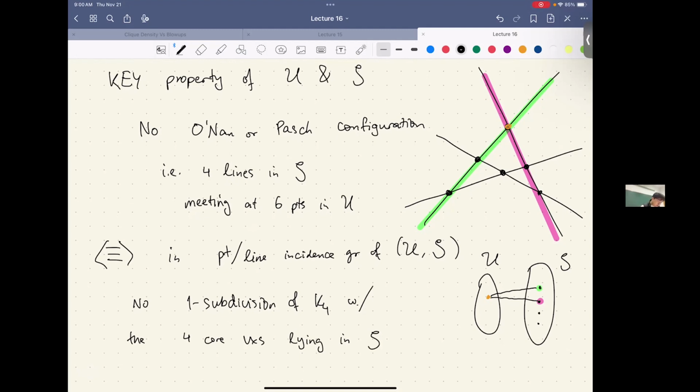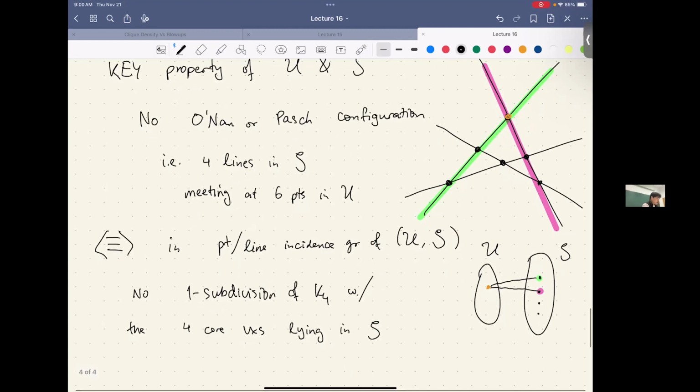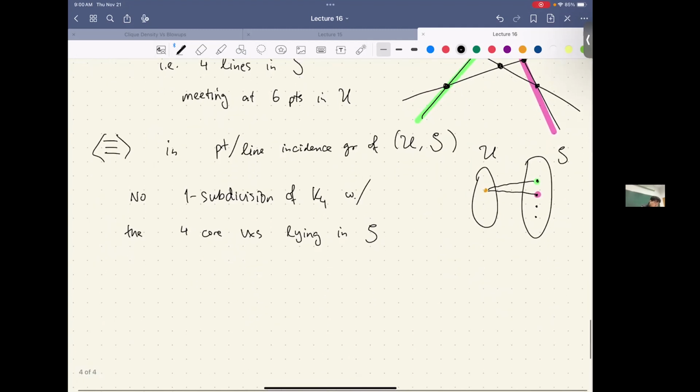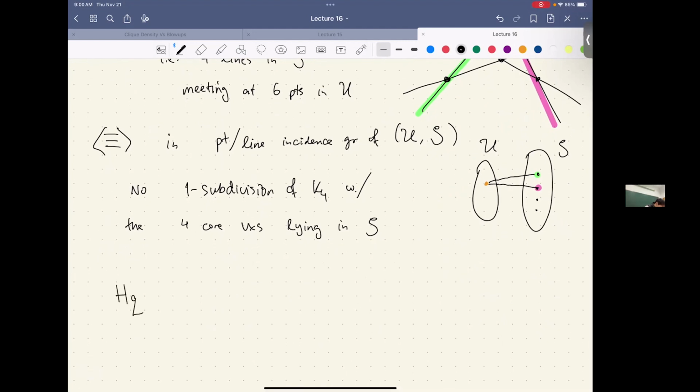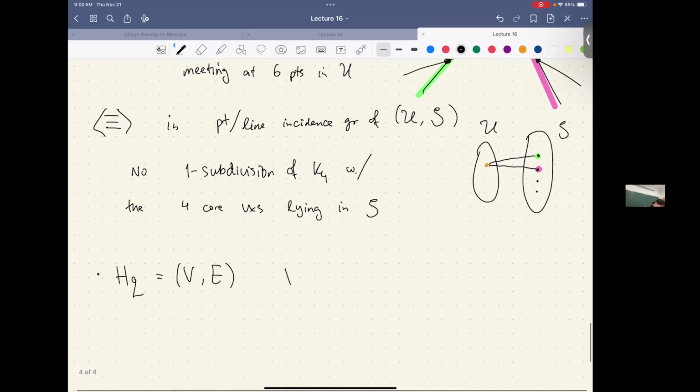Okay, now we can define our graph HQ. The vertex set is S, the set of all secant lines. And what's the edge set? The vertices are lines.